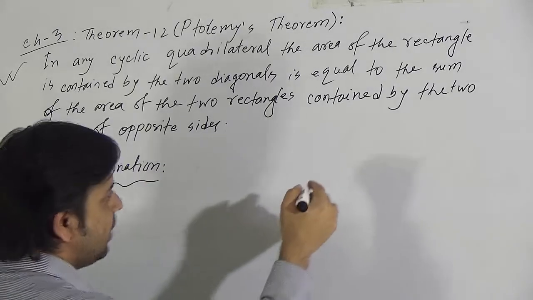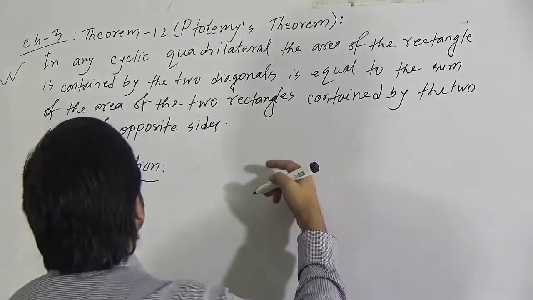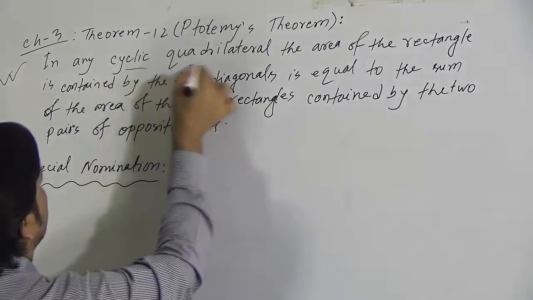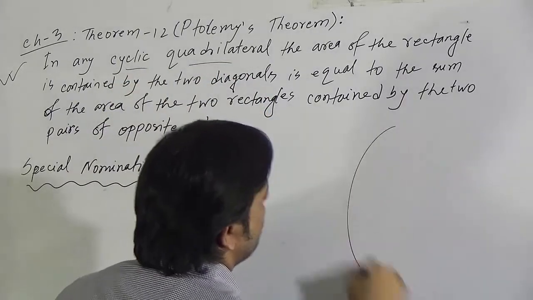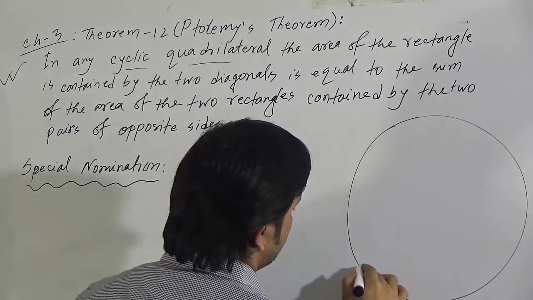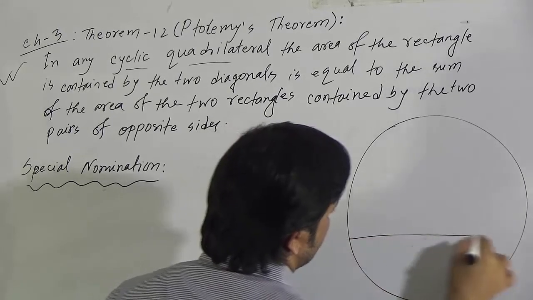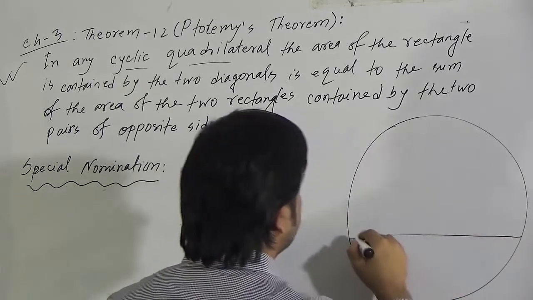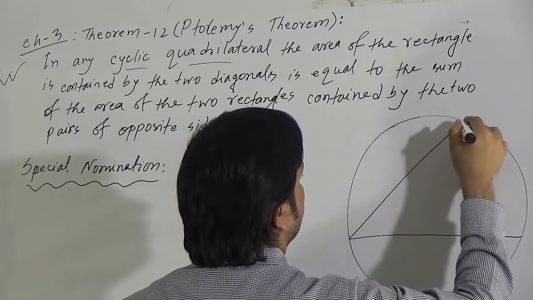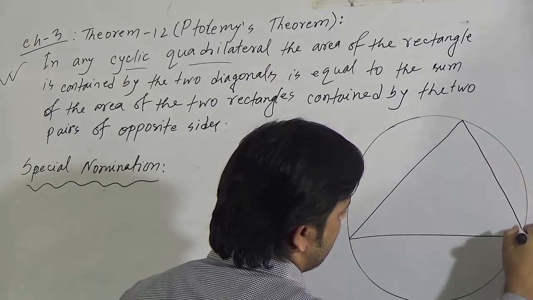So at first I will draw a figure here. As it is written cyclic quadrilateral, at first we have to draw a circle and draw a quadrilateral.